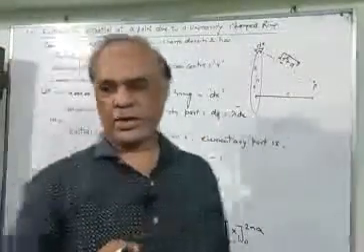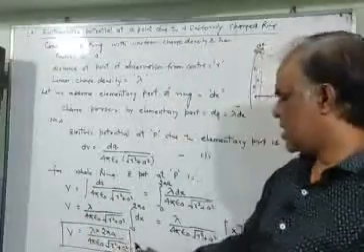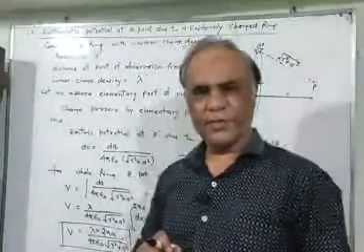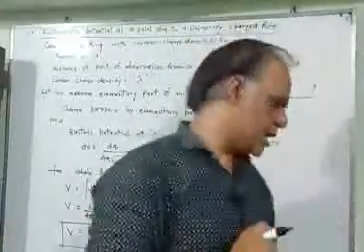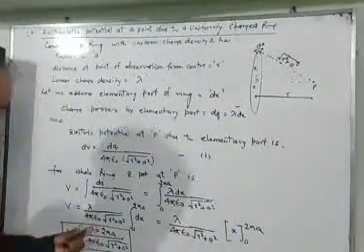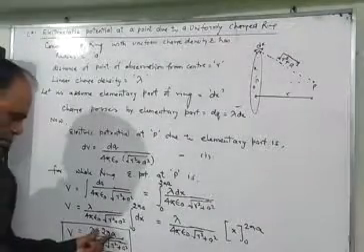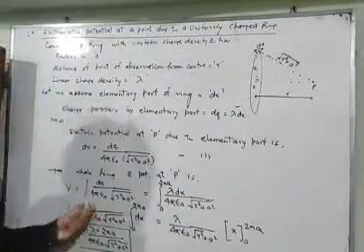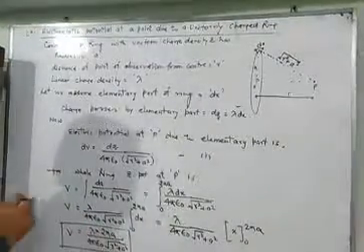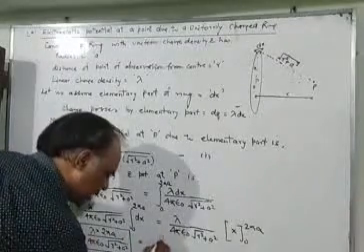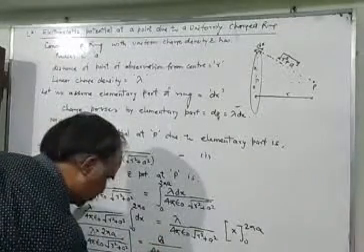I hope this derivation must be very clear to you. We can do one more thing here. Since lambda is the uniform charge density and 2 pi a is the circumference, lambda into 2 pi a would give the entire charge on the ring.